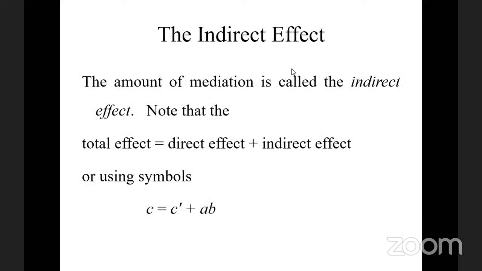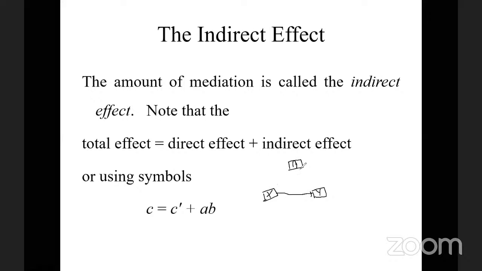Now, what is the indirect effect? We should keep in mind, for checking the indirect effect, whether this indirect effect is significant or not. It's a very important point in mediation. So here is the mediator, this is the independent variable, and this one is the dependent variable.